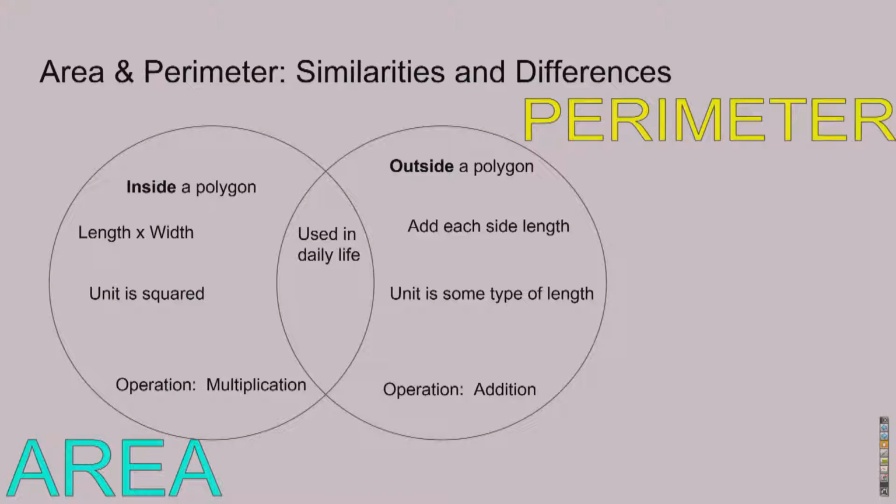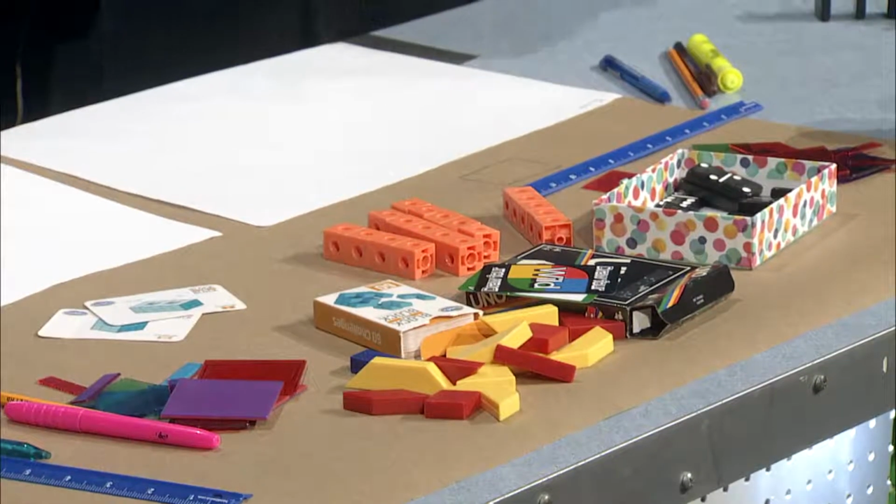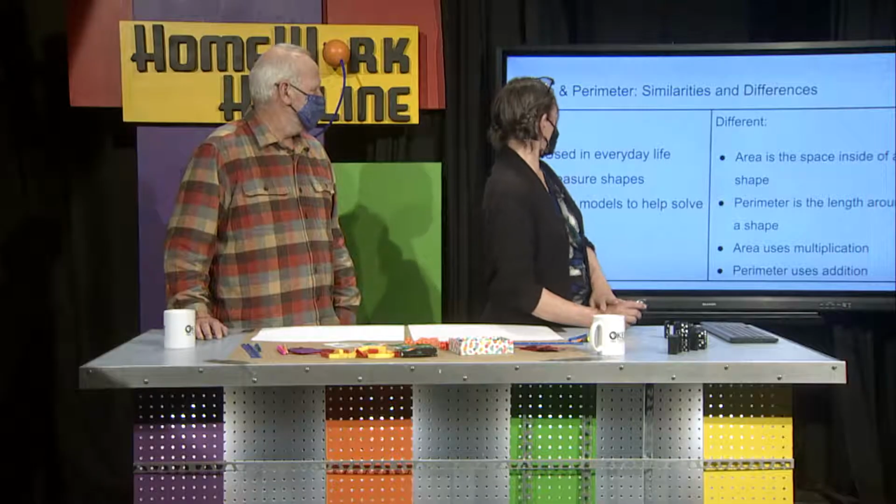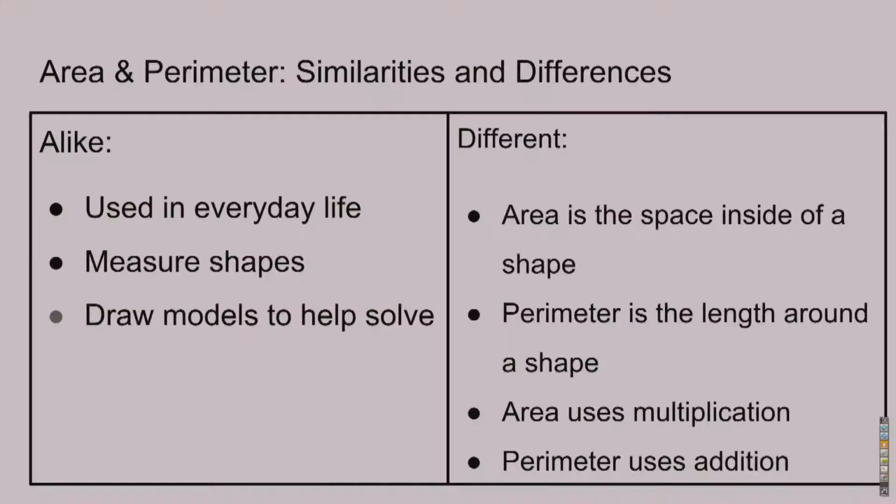And it's a measurement of shapes and polygons. So we have another way to look at it. I have a list here of ways that they are alike and ways that they're different. They're alike, as I mentioned before, they're used in everyday life.